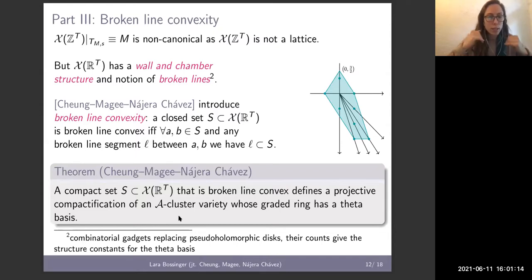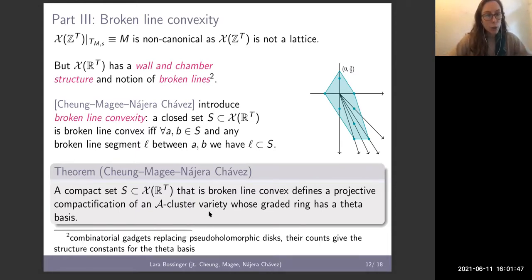So this is really the classical analogy of compactifying a torus T^n by a polytope. Here we can compactify the cluster variety A with the broken line convex set. And this compactification works just as in the toric sense. The lattice points, the integer tropical points inside the broken line convex set, give me a collection of theta functions, and I take this collection to define a graded ring.